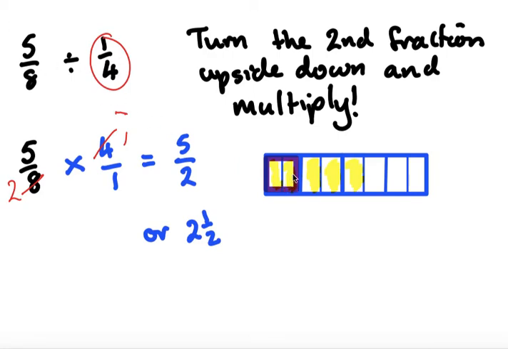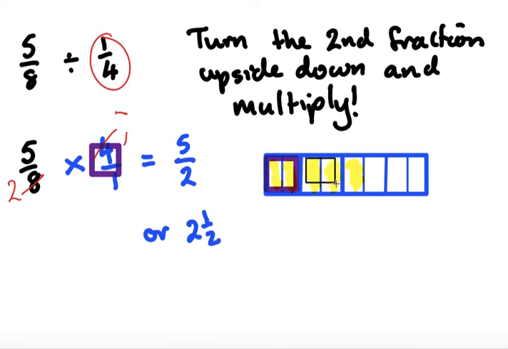So when we have a look at this, let's just do this again. I'll just draw another one. Just a moment while I view this, insert. I'm going to draw another quarter here.